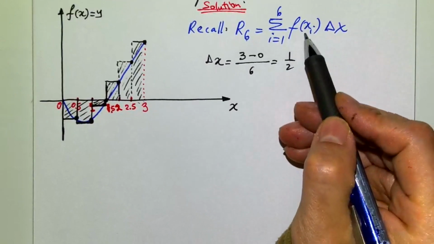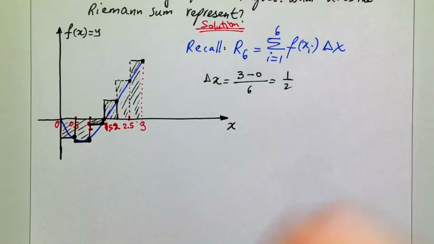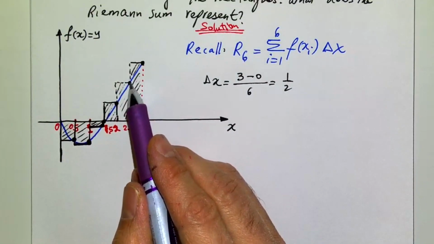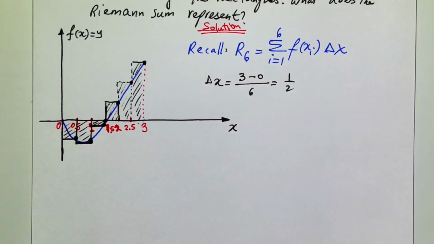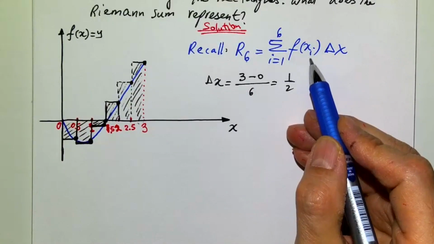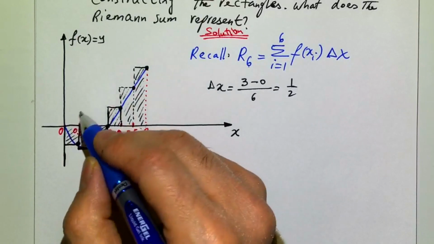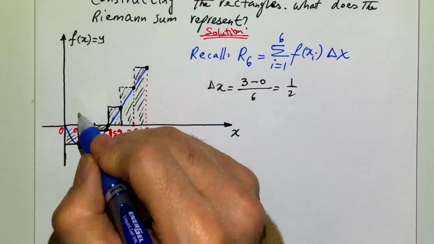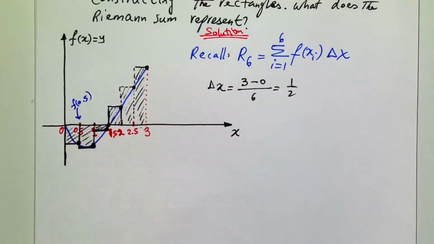Then f of xi, these are the function values at each right endpoint for these rectangles, right? So these are the ones we want to include here. Because we're taking the right endpoints, we're going to use f of xi for this point, which will be f at 0.5.